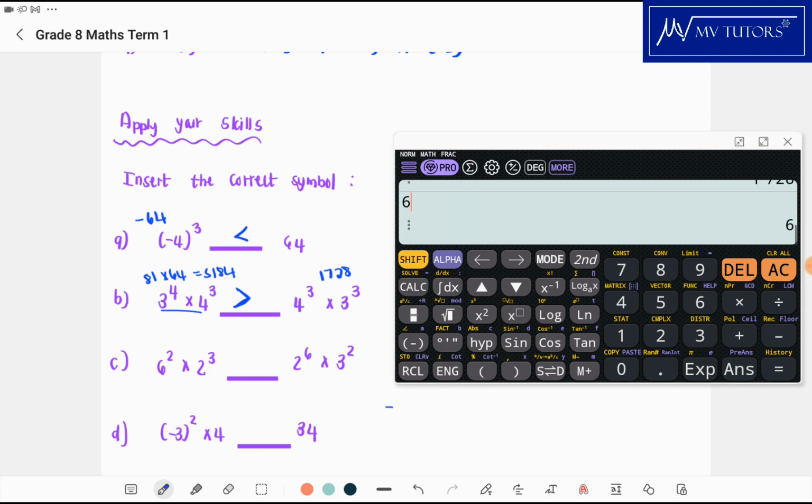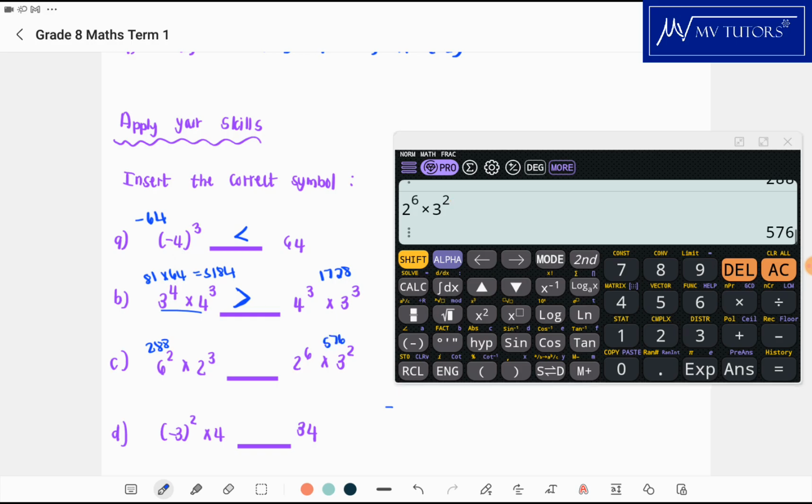All right, now we have 6 to the power 2 multiplied by 2 to the power 3. And that is 288. Then we have 2 to the power 6, and we are multiplying it by 3 to the power 2. So that is 576.